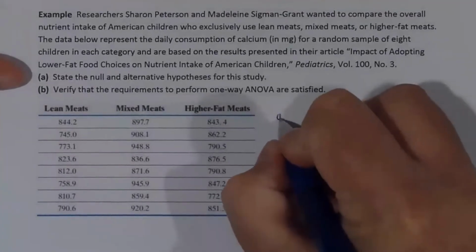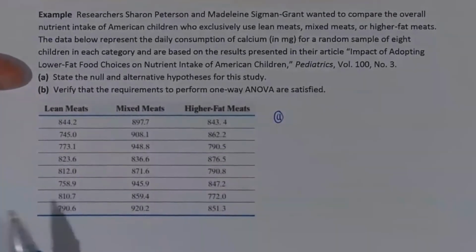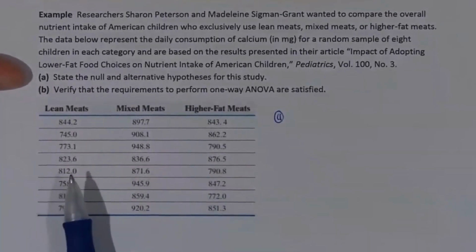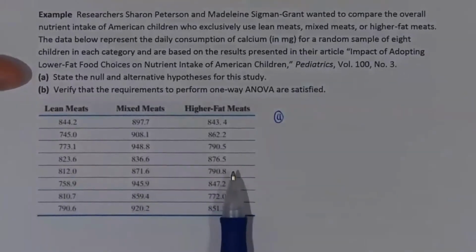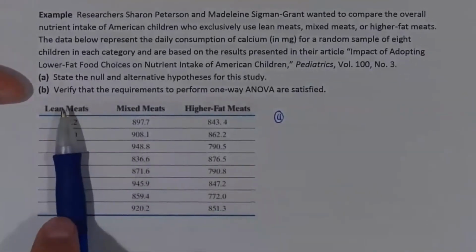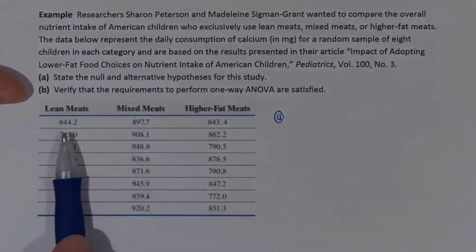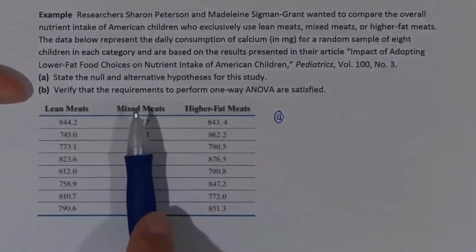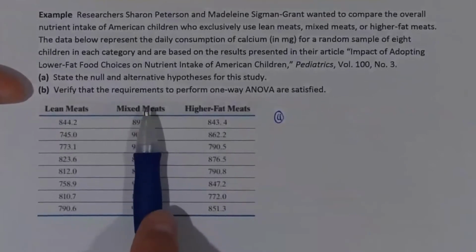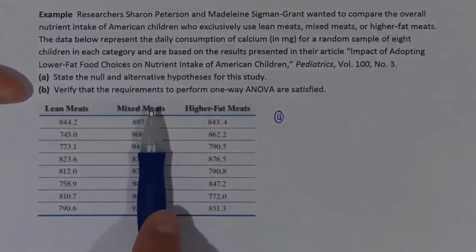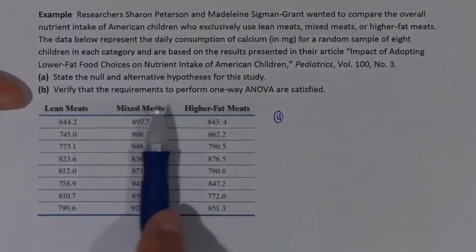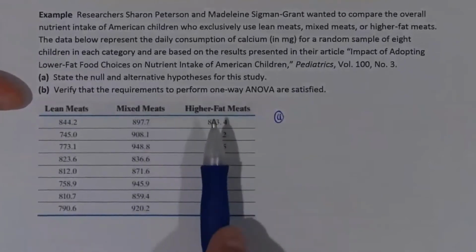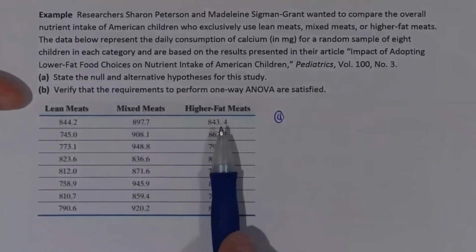So A. Now we have 3 different populations, and we have samples from each of those populations. We have the population of children who consume only lean meats. We have the population of children who consume mixed meats, meaning some lean meats and some higher fat meats, or something in between. And then we have a population of children who consume only higher fat meats.